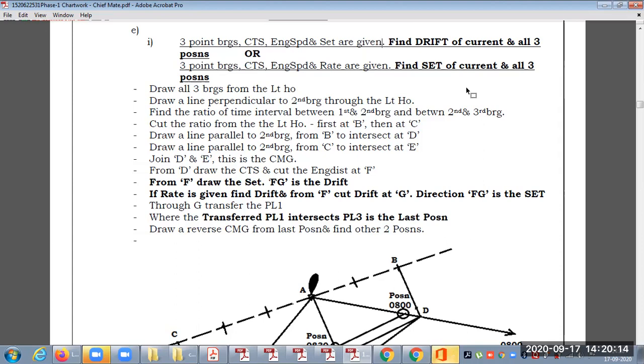So the simple method is we draw all the three bearings from the lighthouse, and then we draw a line which is perpendicular to the second bearing through the lighthouse, as you can see here.